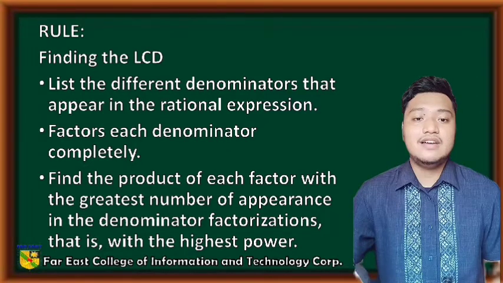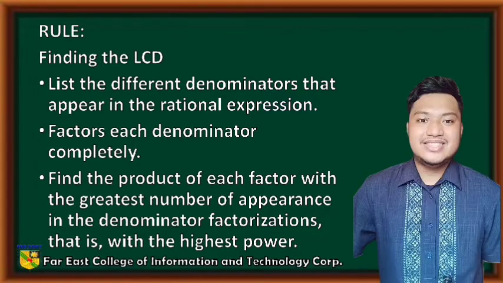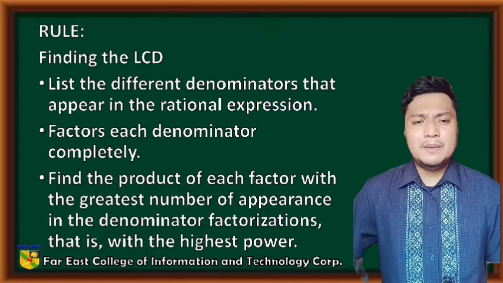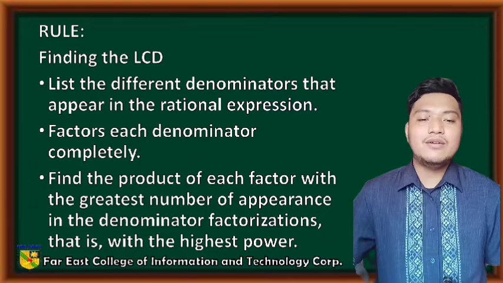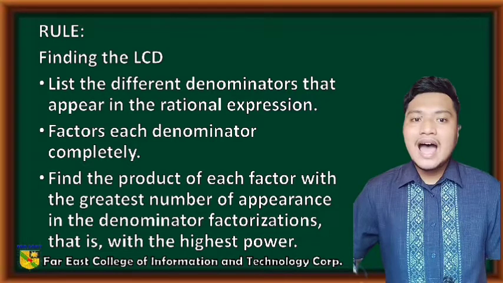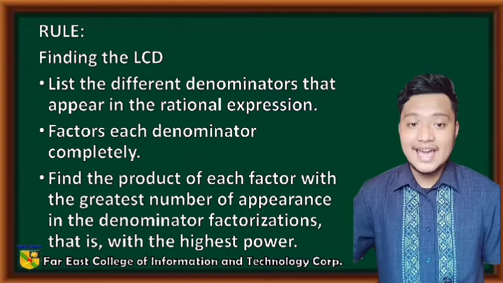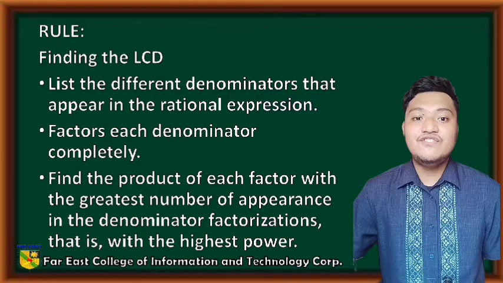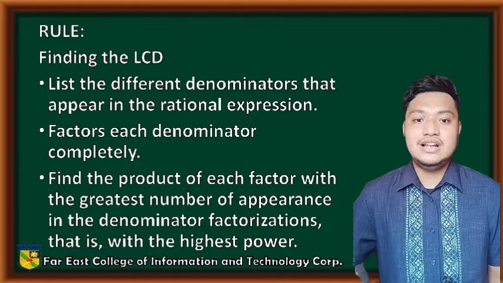Get the factor of the two numbers and get the least, yung pinakamalapit na magkapareho. And then after natin makuha yung LCD, ang original na denominator, you need to divide. Kunin mo natin yung division ni LCD dun sa original na denominator.